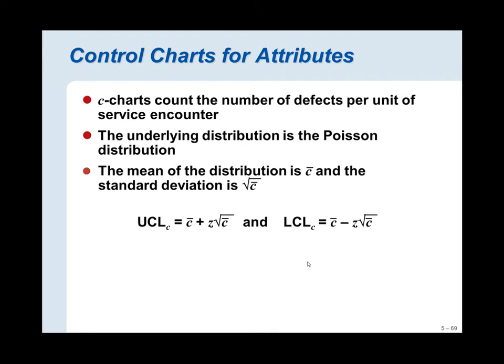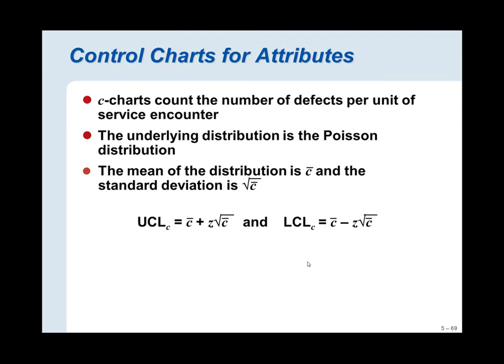P chart, on the other hand, has sample size more than 1. For example, if you have to identify bad apples from 1 bushel of 100, and you identify 3 bad apples out of 100, P is about 0.03.